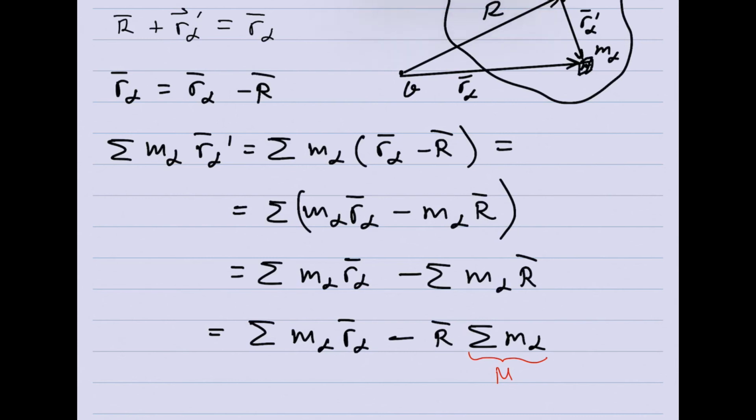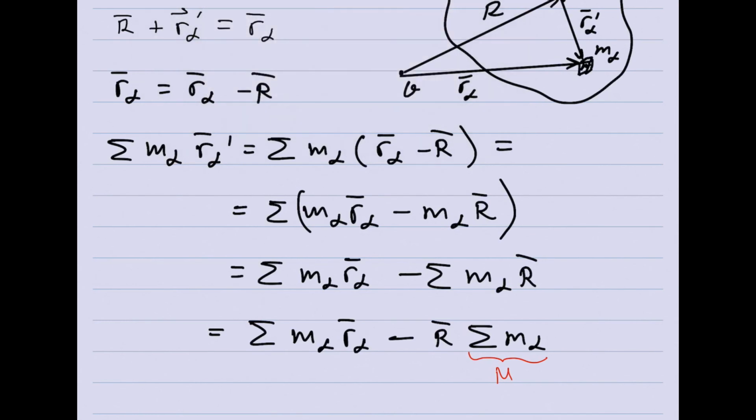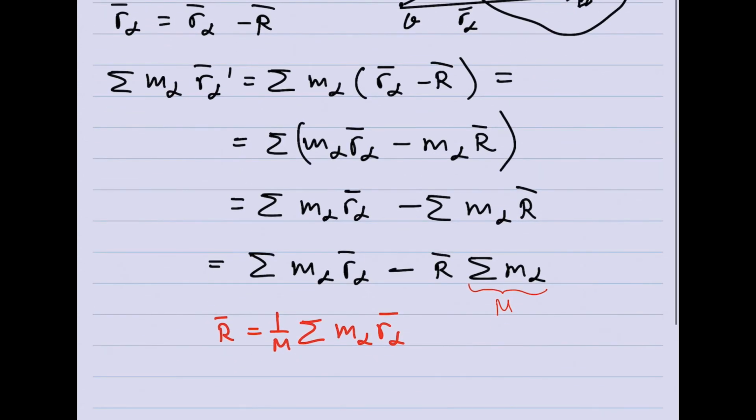Also, we need to figure out how to simplify this other term. If we recall the definition of the center of mass position vector, we can sort of see where we're going with this. This is the actual definition for the discrete case of the center of mass.